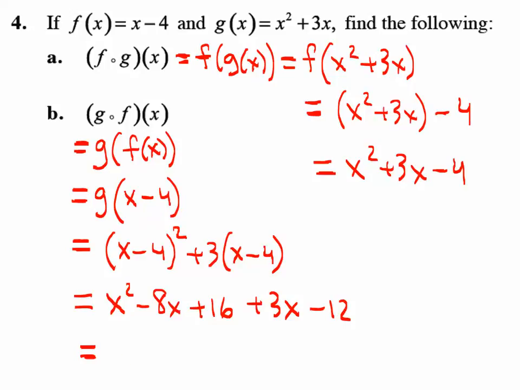Cool. All right, final answer: how about x squared minus 5x plus 4?